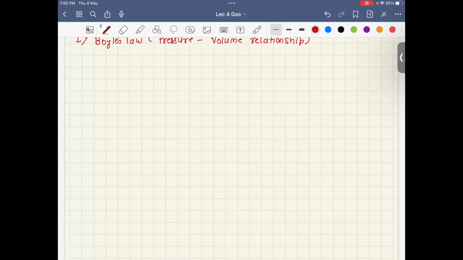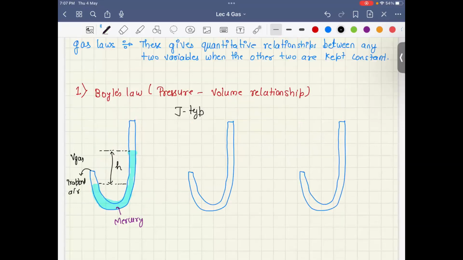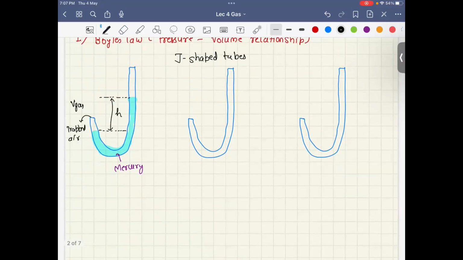The experimental setup which he used was like this, filled with mercury up to this height. This is the height h, this is trapped air, and this is the mercury. These are the J-shaped tubes on which he carried out his experiments.